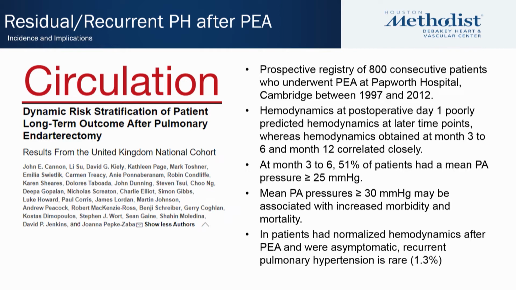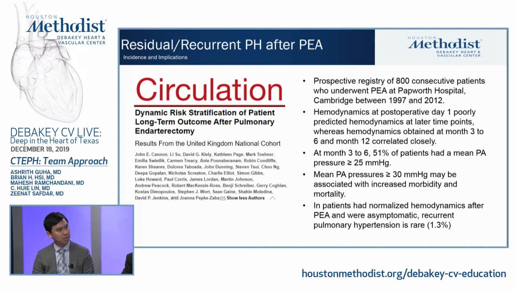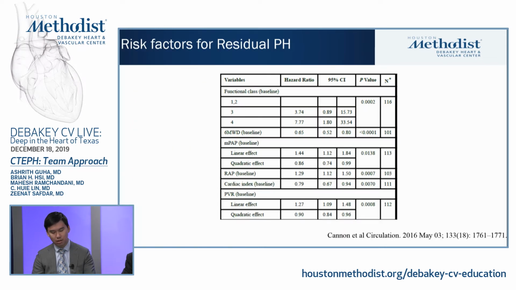They noted that patients who had normal hemodynamics after their surgery and were asymptomatic tend to do quite well, but the people who had some degree of residual disease tend to do more poorly and had more morbidity and mortality.